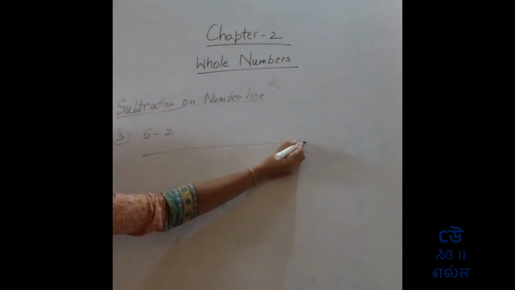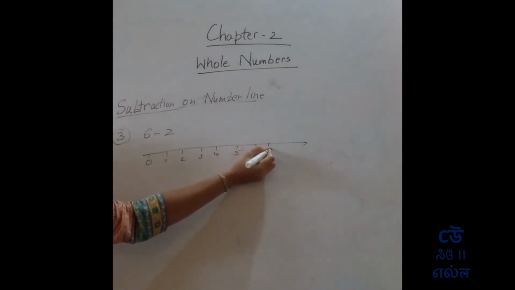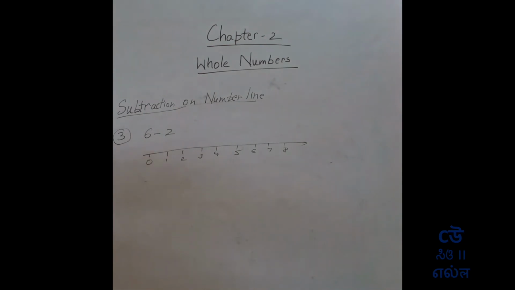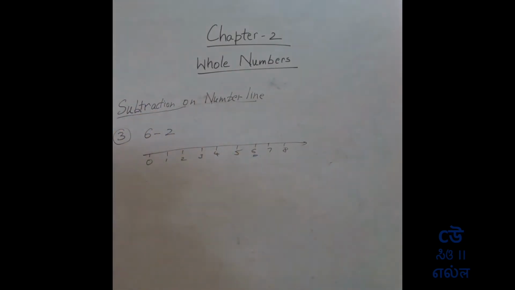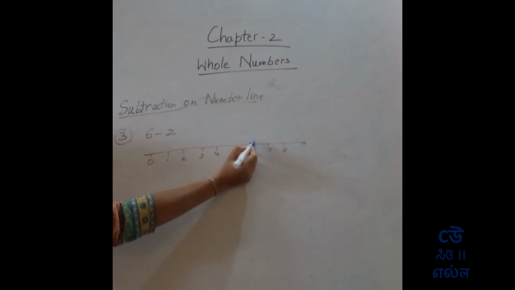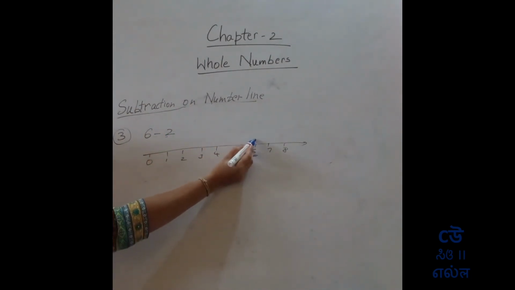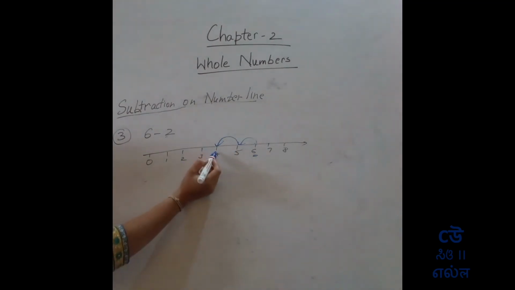So draw a number line: 0, 1, 2, 3, 4, 5, 6, 7, 8. So where is 6? We have 6 here. So from 6 we have to subtract 2. Subtract means we have to go back, to the left side. So from 6 we have to jump 2 times because 2 is given. 1, 2. If we jump 2 times, what is the answer we got? 4. So 6 minus 2 is 4.